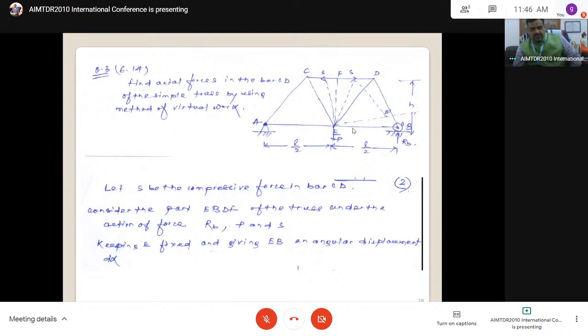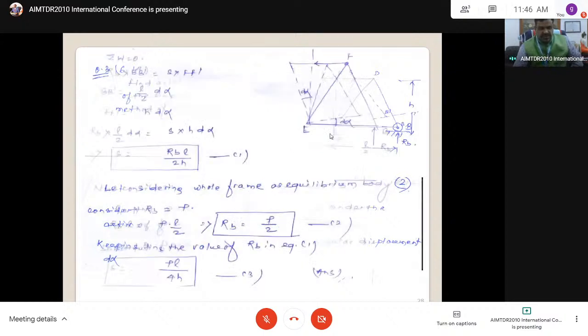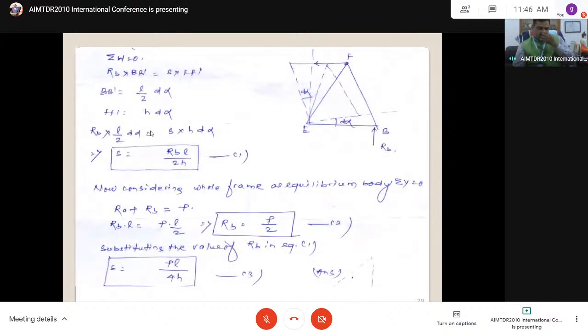This is the active external force, and these are the reactive forces. This is the internal force. So this is Ra, the vertical reactive force, and this is Rb. Ra plus Rb is equal to external force P. That's what we have considered here, because there are two unknowns, Ra and Rb.